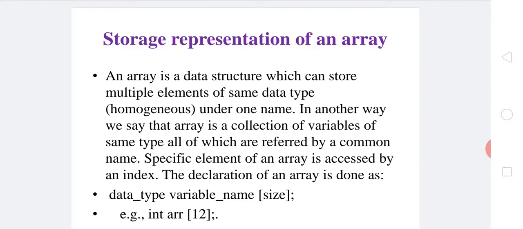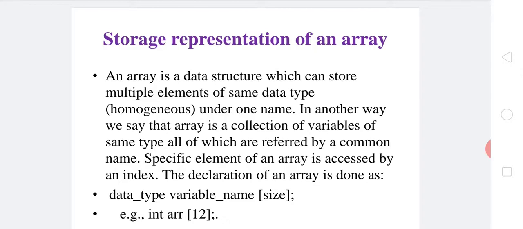By the above statement, we are declaring an array named ARR which can store 5 integer elements. The size is specified in square brackets, which is called the subscript operator. Size must be given when an array is declared.